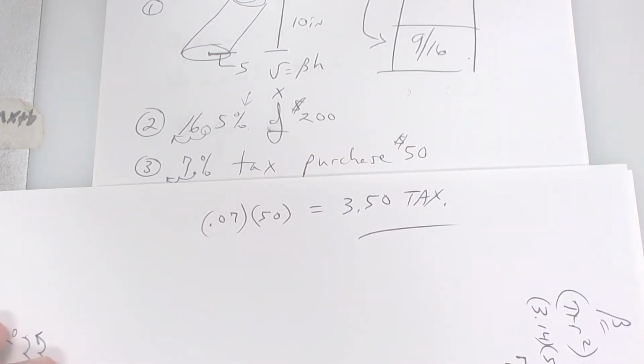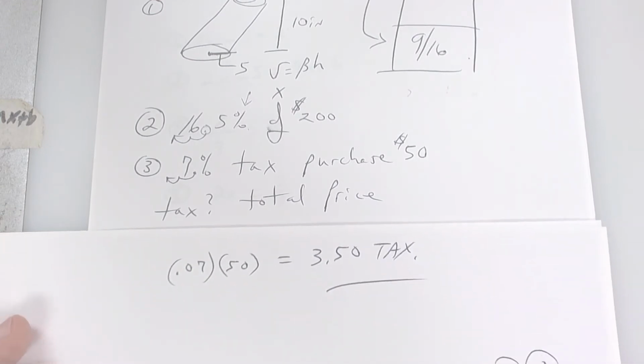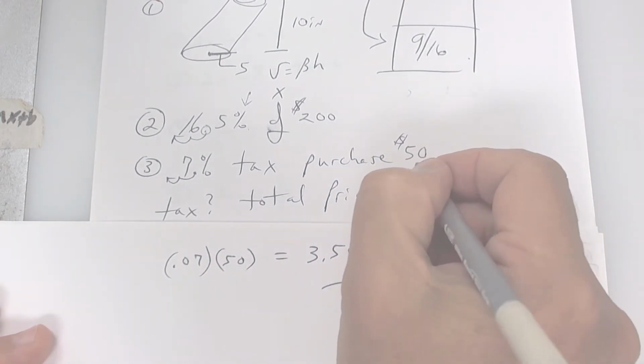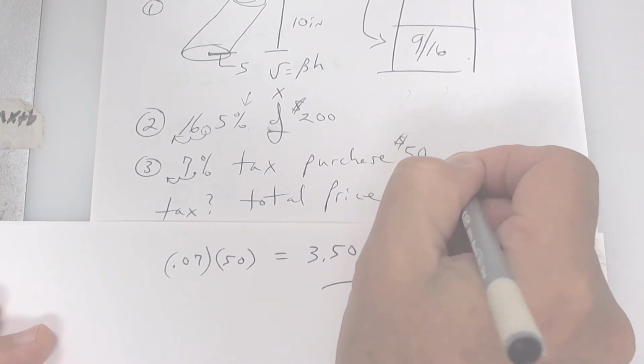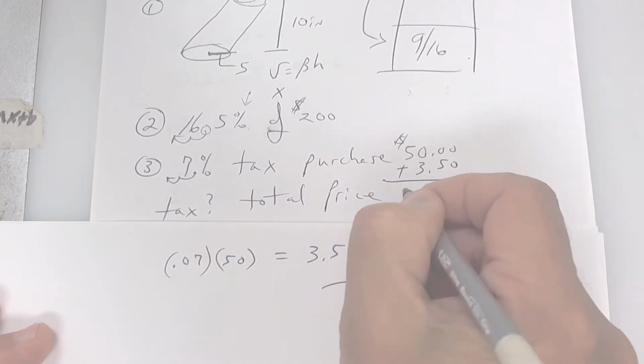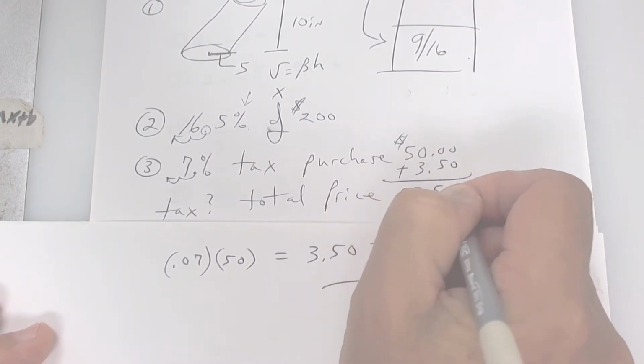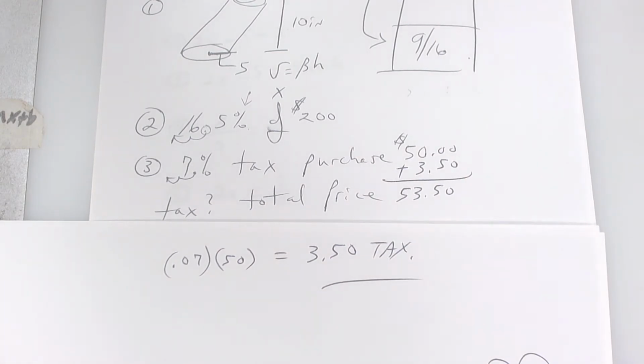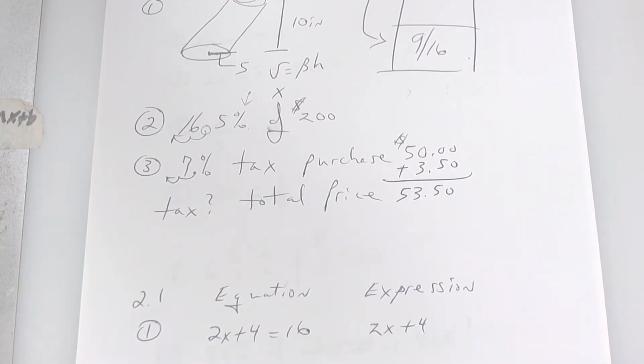Okay? All right, the total price would be $50 plus the tax. So it's going to be $53.50. Memorize that chart. Put away your bell work.